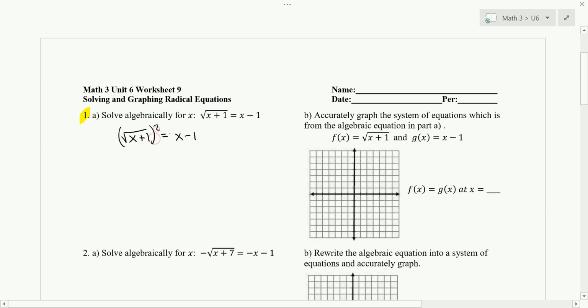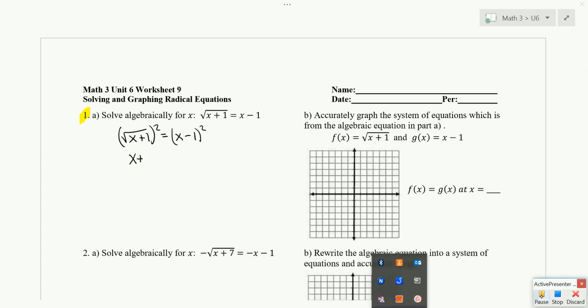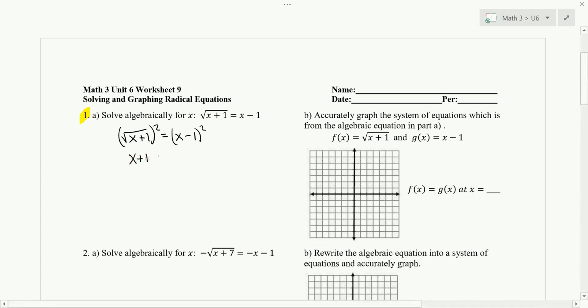Second step, square both sides to get rid of the square root. When we square the right side, it's x minus 1 times x minus 1. Need to distribute that, and we get x squared minus x plus 1.